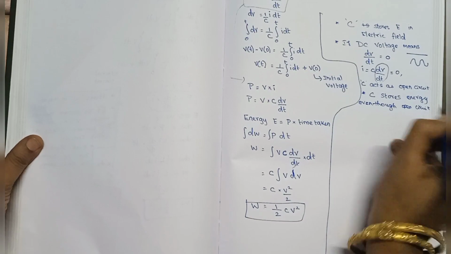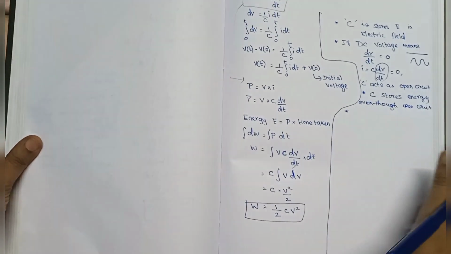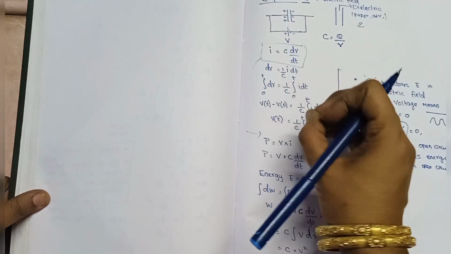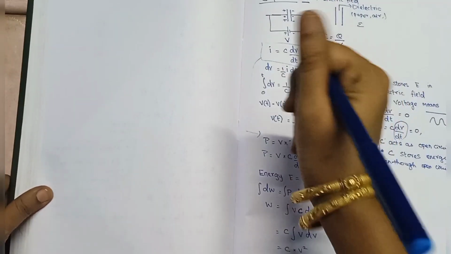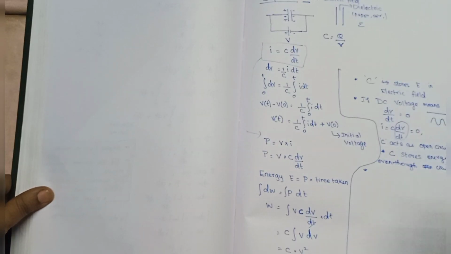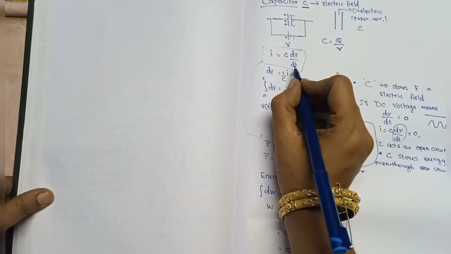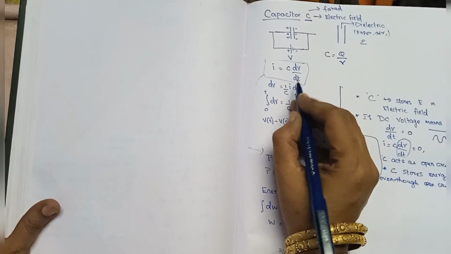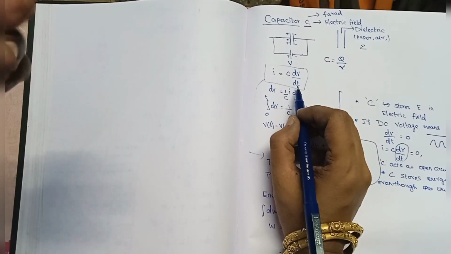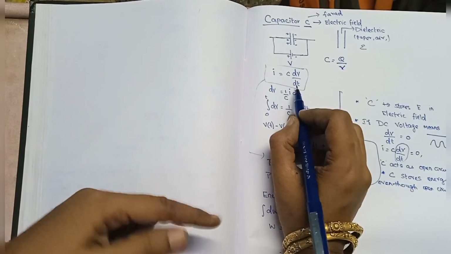That's all about the capacitor. And one more thing: if the rate of change of voltage with respect to time is very high, that is, in 0 seconds the voltage changes from 10 volt to 100 volt, what happens? For a very small time, I consider just 0 seconds, otherwise 1 second. Anything divided by 0 is infinity.